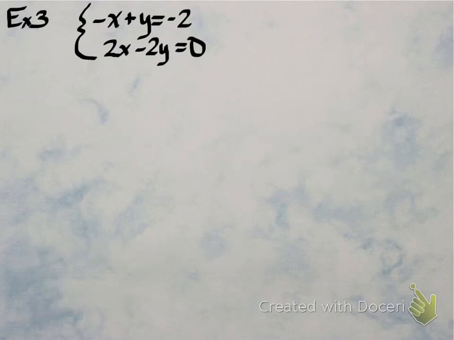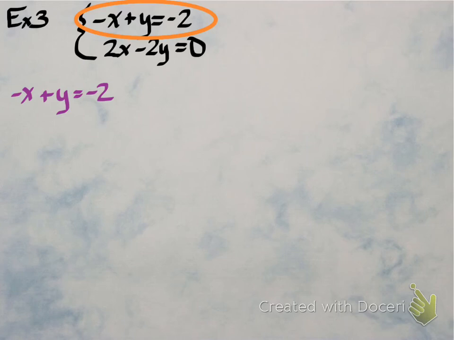Let's take the last example, and we are going to choose one equation to solve for a single letter. The first equation is going to be the easiest to solve, and I could choose either x or y. I think y is going to be the easiest, so I am going to solve that first equation for y. We have negative x plus y is equal to negative 2.